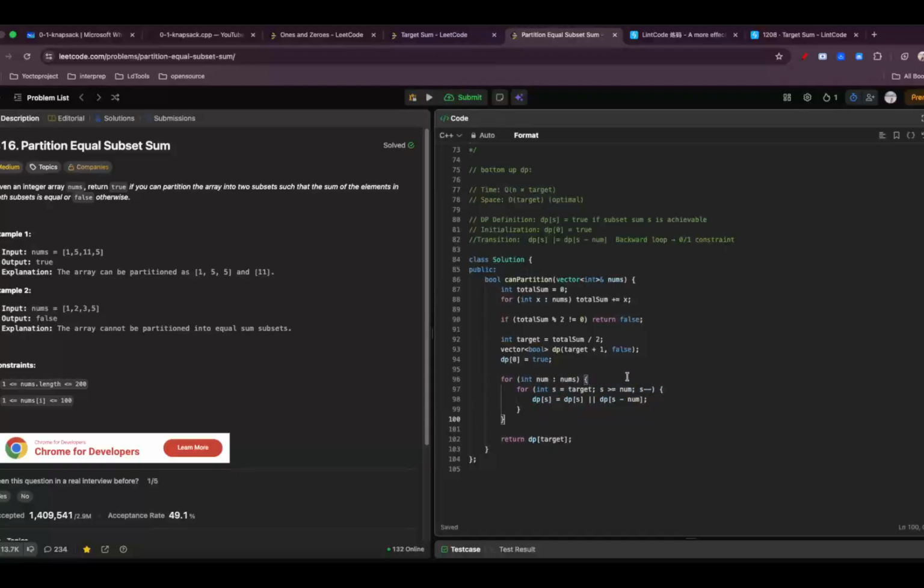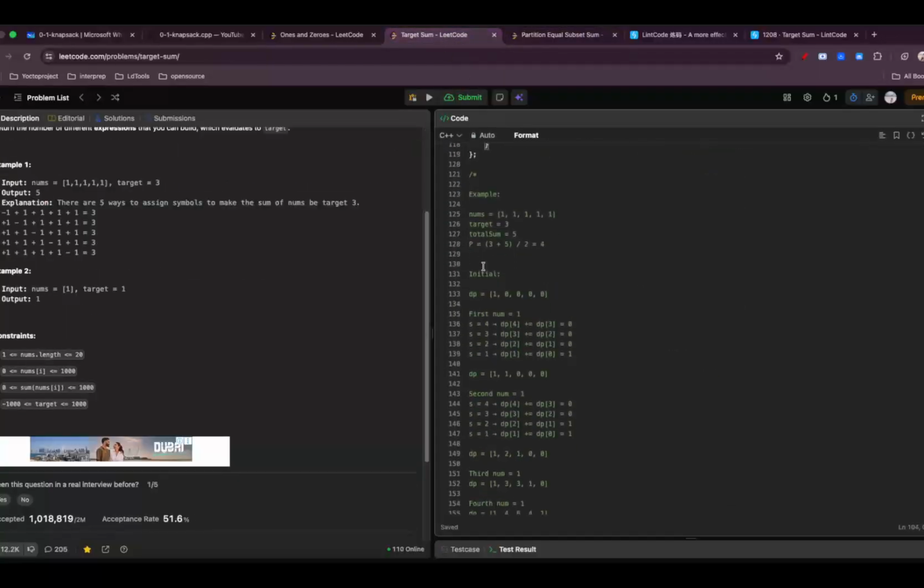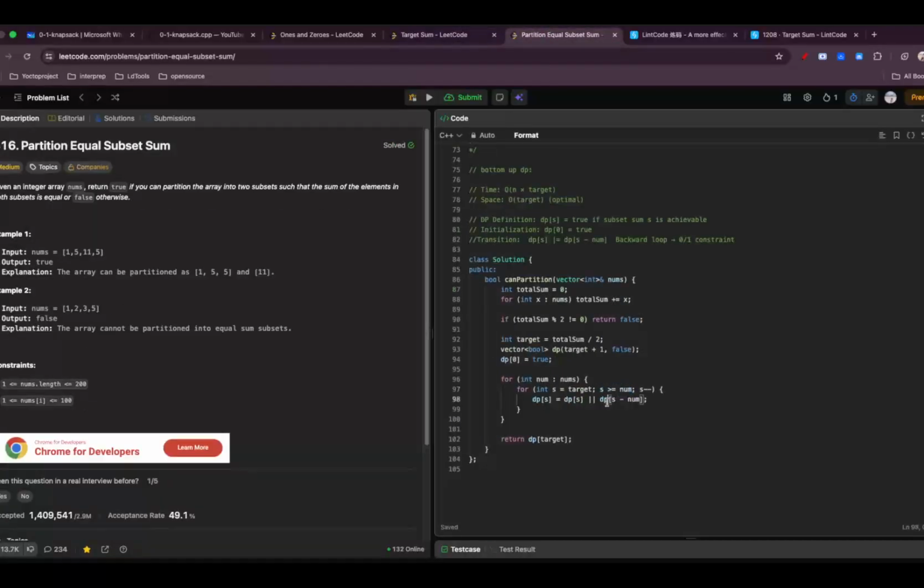That we will be handling in this loop itself. We are doing the same loop again: s equals target and s goes down till num, and the same logic will be there as earlier. Anyhow we were adding up, but here we are checking if dp of s is true or if dp of s minus num is true.